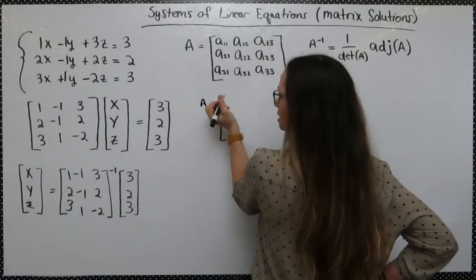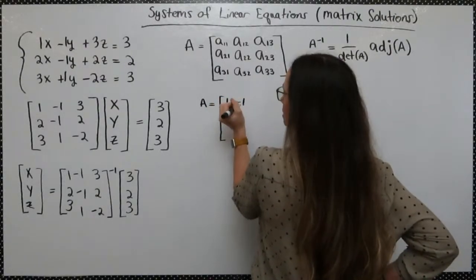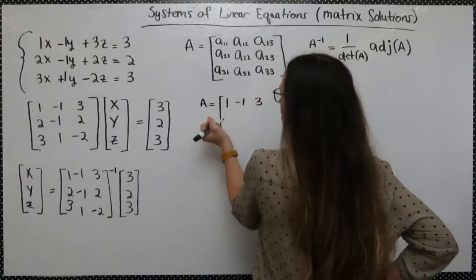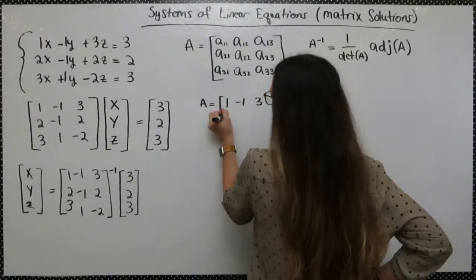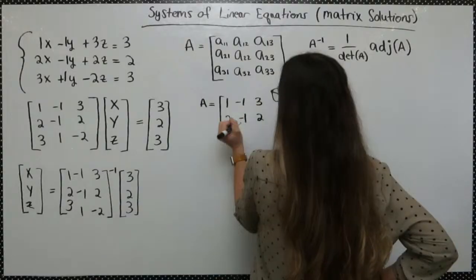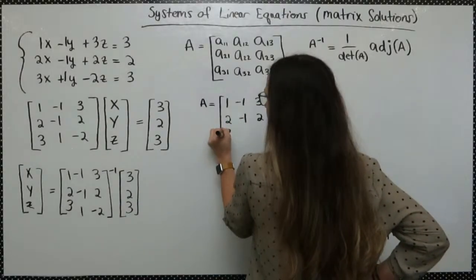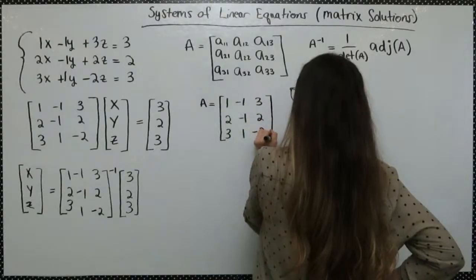We're just going to write it out. 1, -1, 3. I've got to stay really organized, making sure my rows and columns are neat. So that's 2, -1, 2, and 3, 1, -2. And here's your matrix.